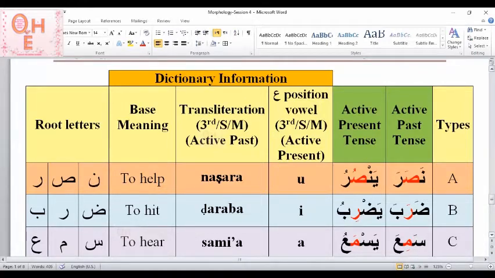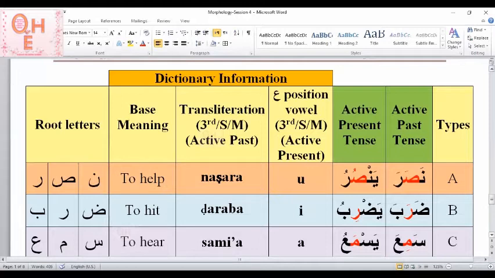We're talking about third person singular male, it will always be ya fatha, then the first root letter will have a sukun, the second root letter will have the vowel according to what the dictionary tells us, and the last root letter will always have dhamma.